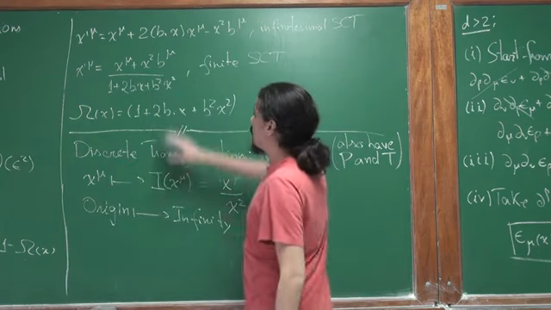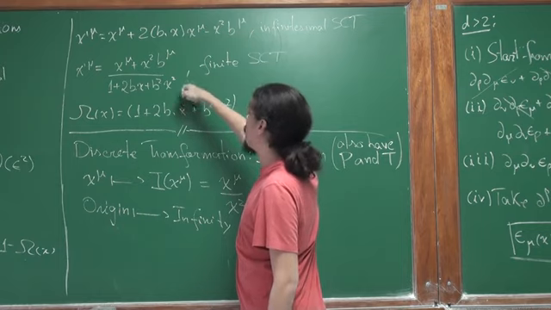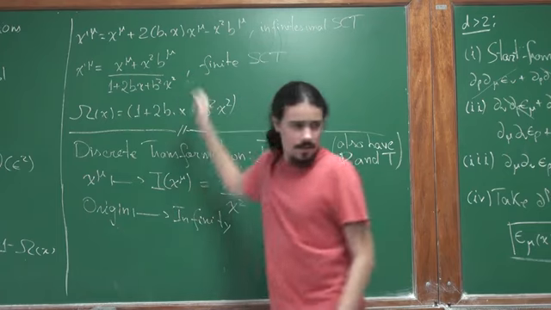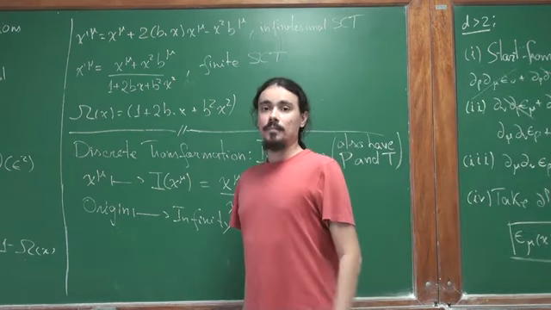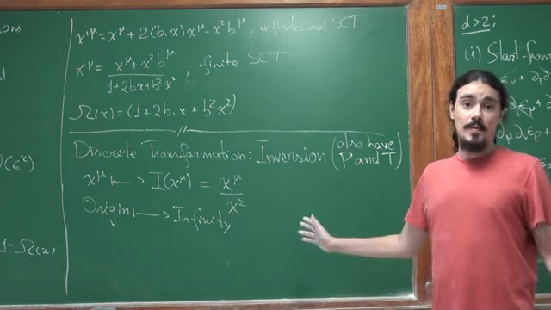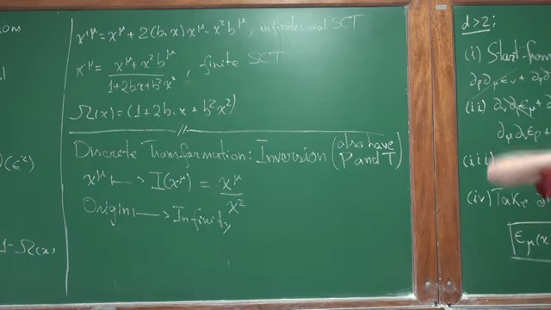If you look carefully at this inversion, if x squared is greater than 1, then you bring the point close to the origin.